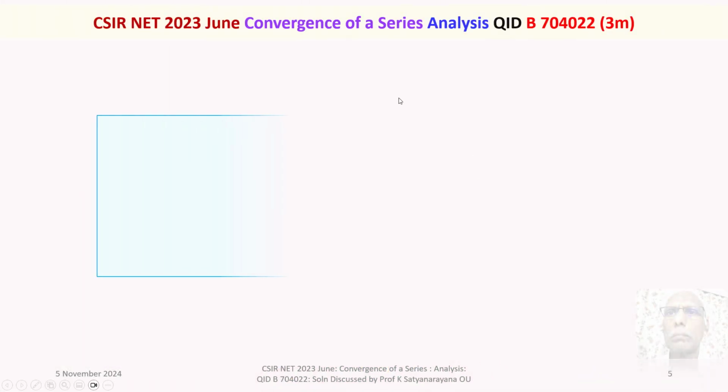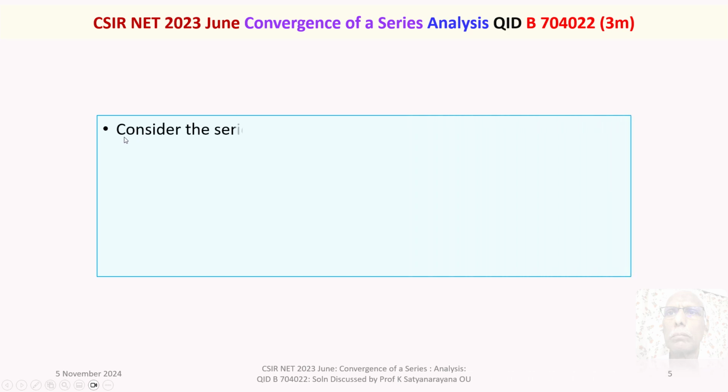The given question is: consider the series sigma n equals 1 to infinity a_n, where a_n is equal to (-1)^(n+1) times, in brackets, square root of n+1 minus square root of n.